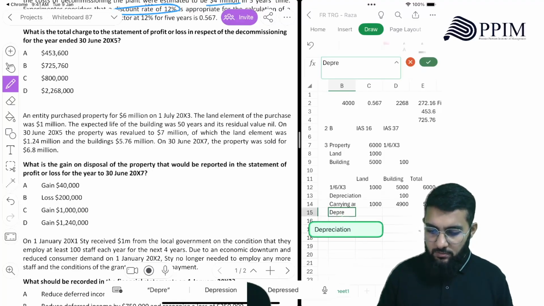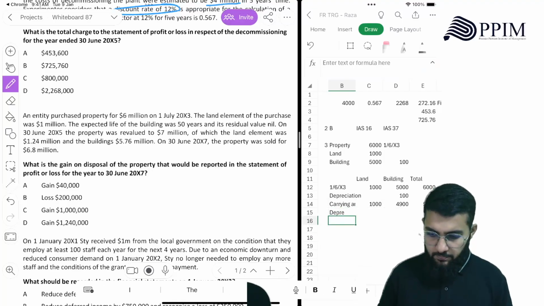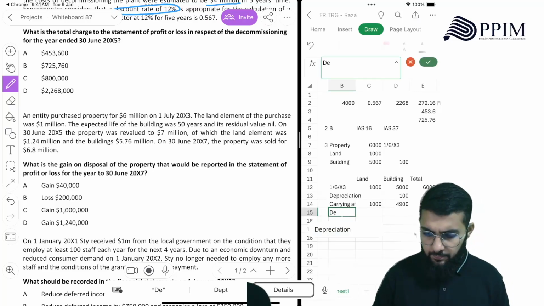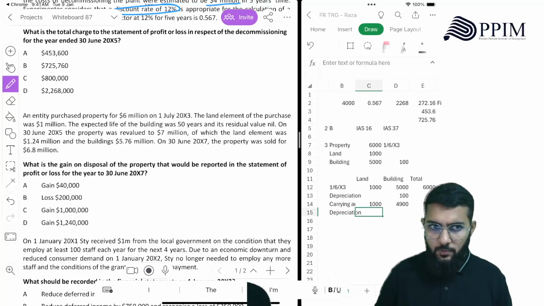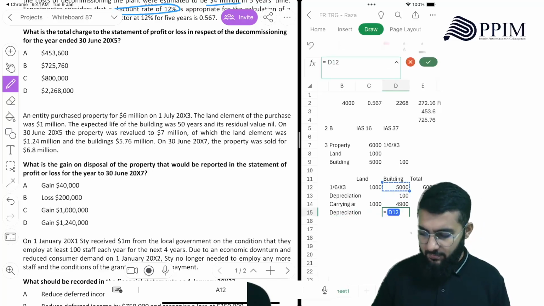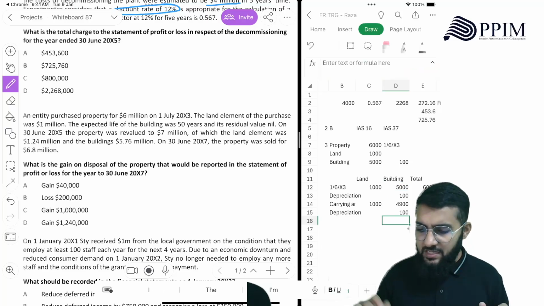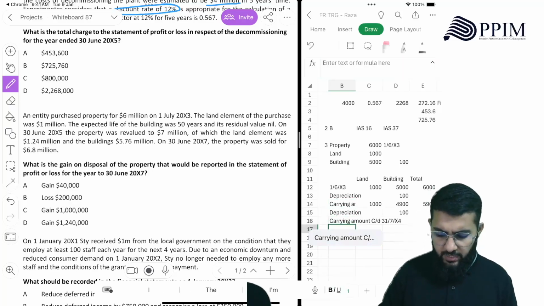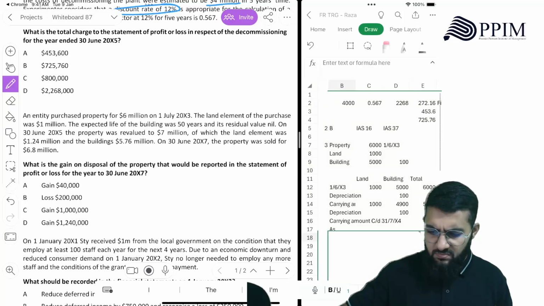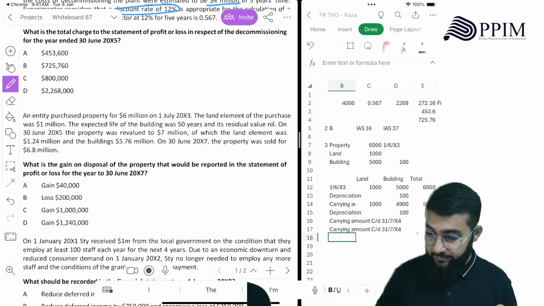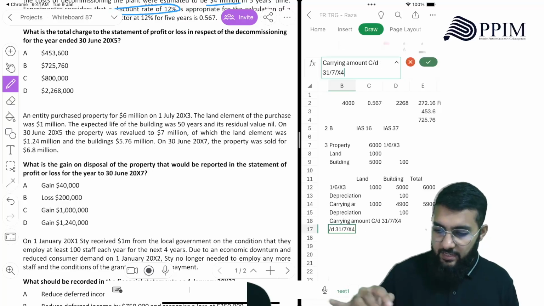Then depreciation of, again, straight line, the same figure appears here. So what would be the carrying amount? Carrying amount as at X5.